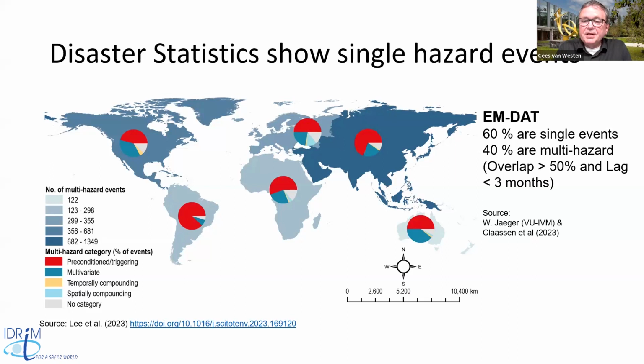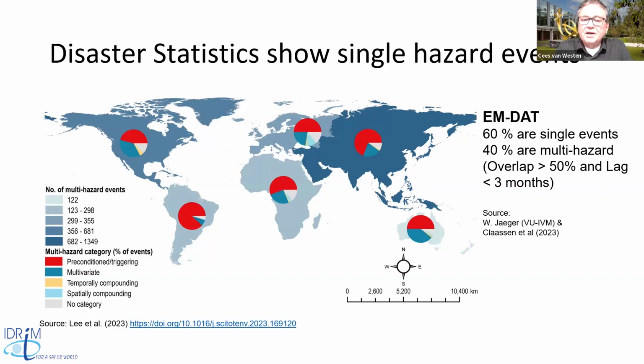Studies have been done, for example, by our colleagues from the Free University of Amsterdam that looked at the EM-DAT data, and they discovered that at least 40% of them are multi-hazard events based on an overlap of 50%, and that they would occur within 3 months of each other.